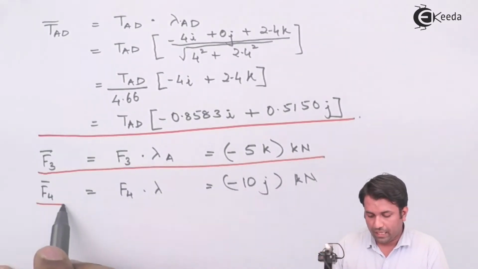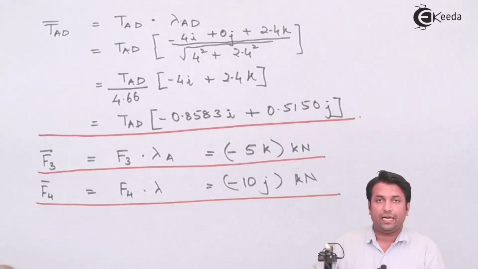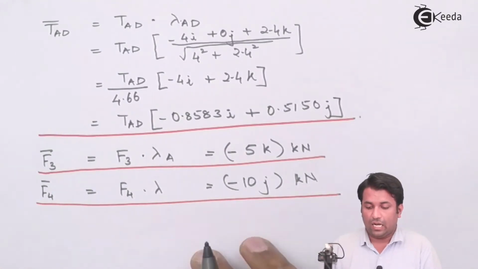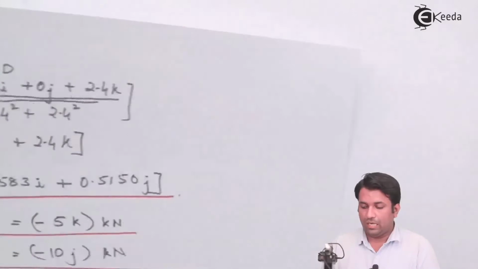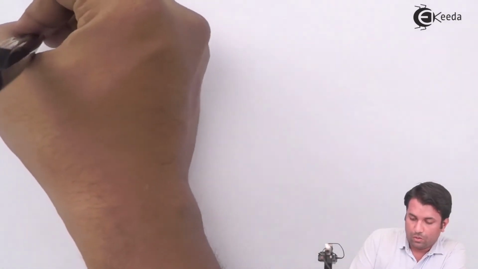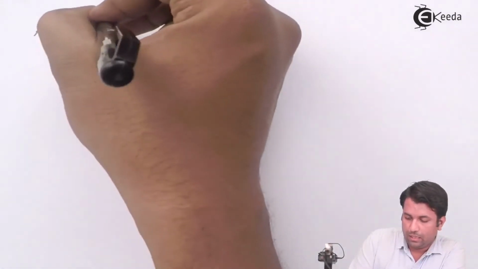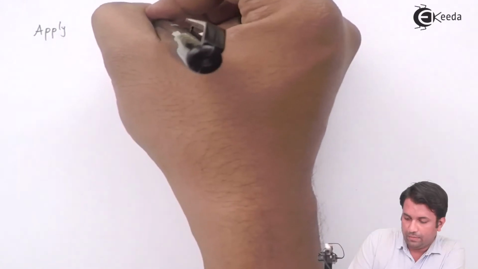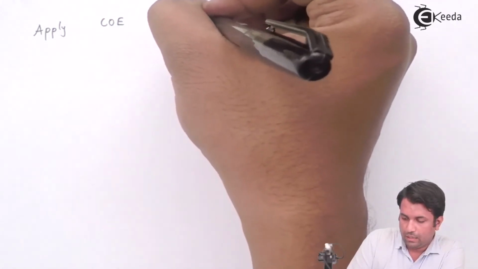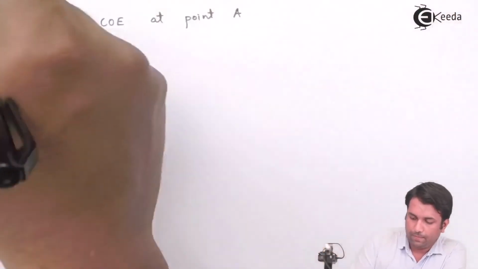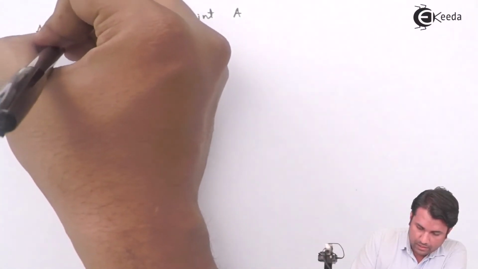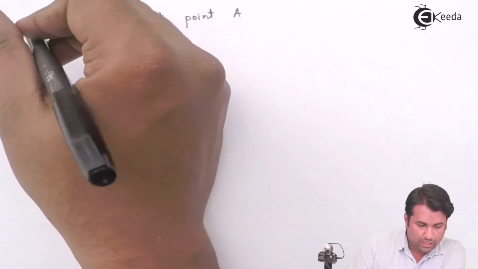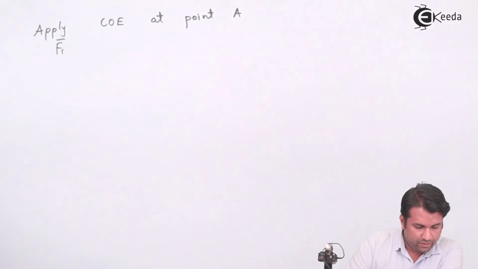So now if I apply condition of equilibrium at point A, the answers should come out as 0. I mean the net force should come out as 0. So apply condition of equilibrium at point A. In this case, I cannot write F1 because I have the tensions acting.